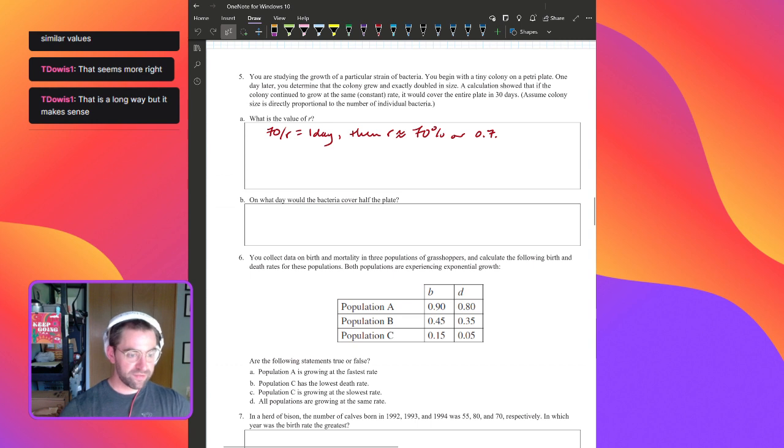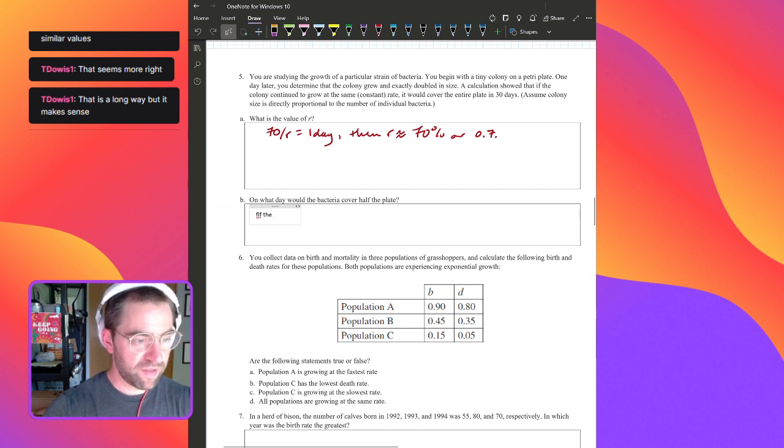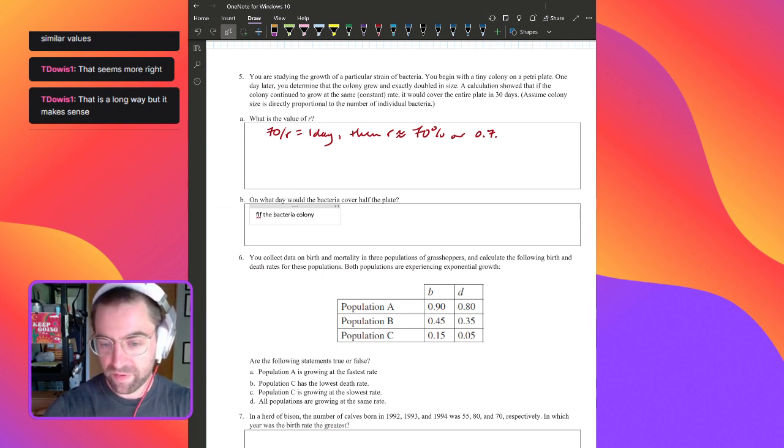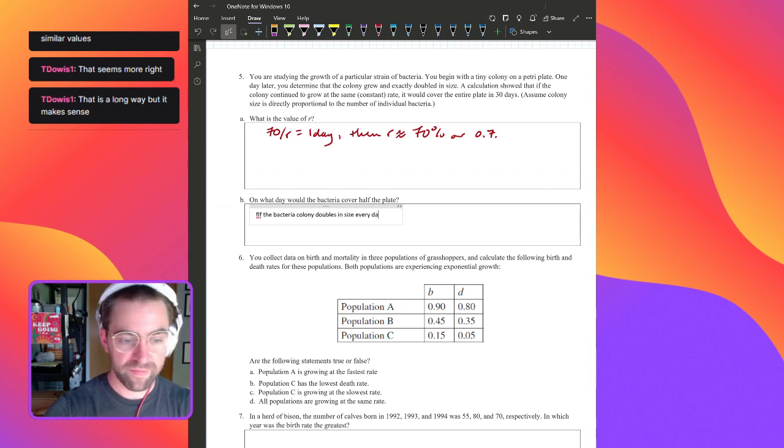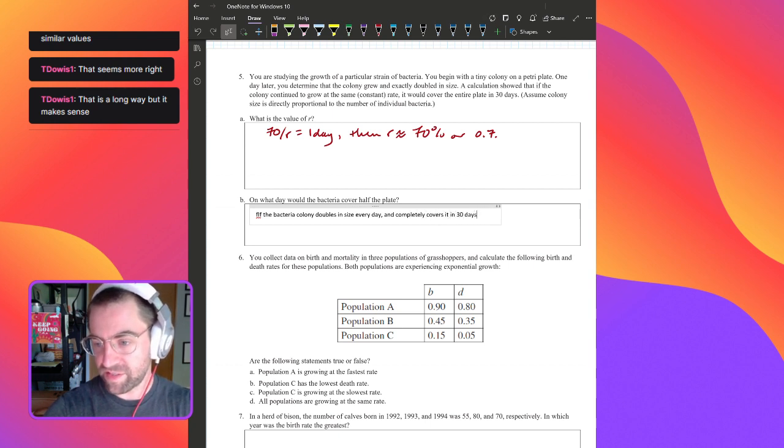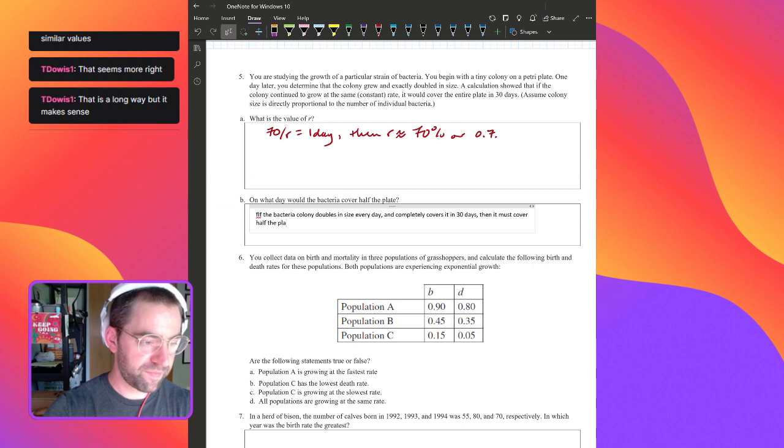So if the bacteria colony doubles in size every day and completely covers the plate in 30 days, then it must cover half the plate on day 29.